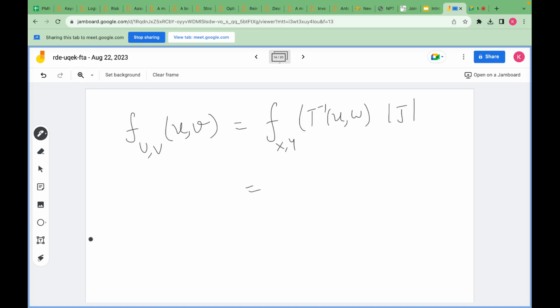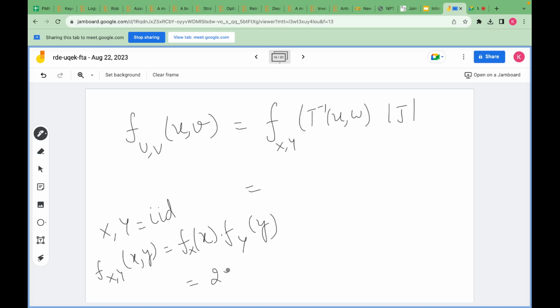So x and y are independent identically distributed. So this joint probability mass function will be nothing but the multiplication of the individual mass functions.